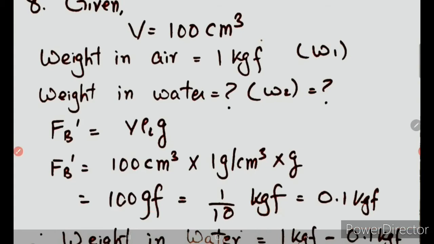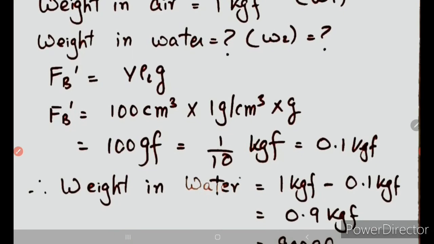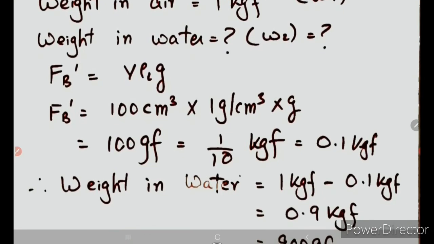Now the next point will be the weight in water. The weight in water will be equal to 1 kgf minus 0.1 kgf, thus we are getting 0.9 kgf, right. We could have used this upthrust directly, because W1 minus W2 should be the upthrust, okay.